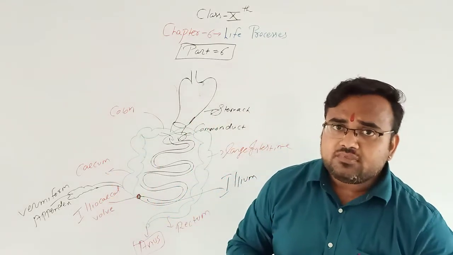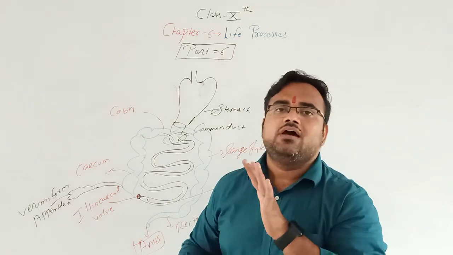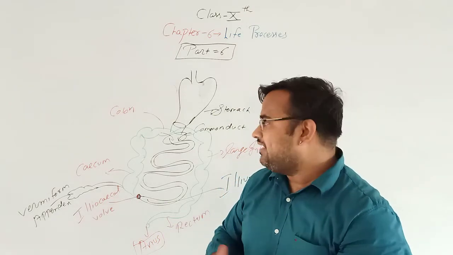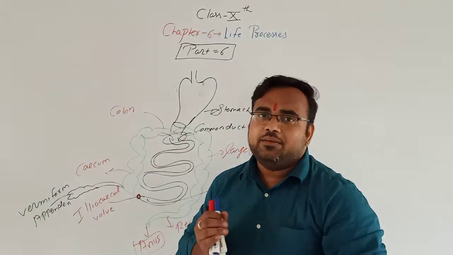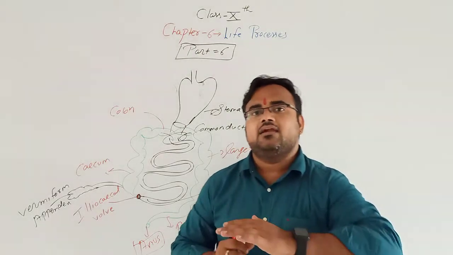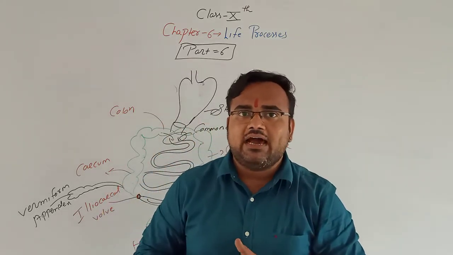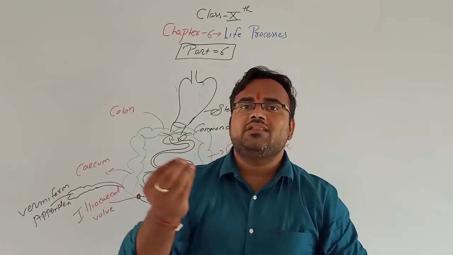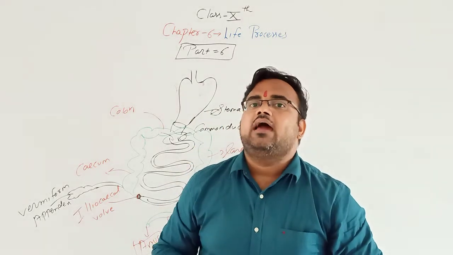Now the question arises, if it is a vestigial part of our alimentary canal, then why is it present? During ancient times, our ancestors were consuming grass, and grass contains cellulose.